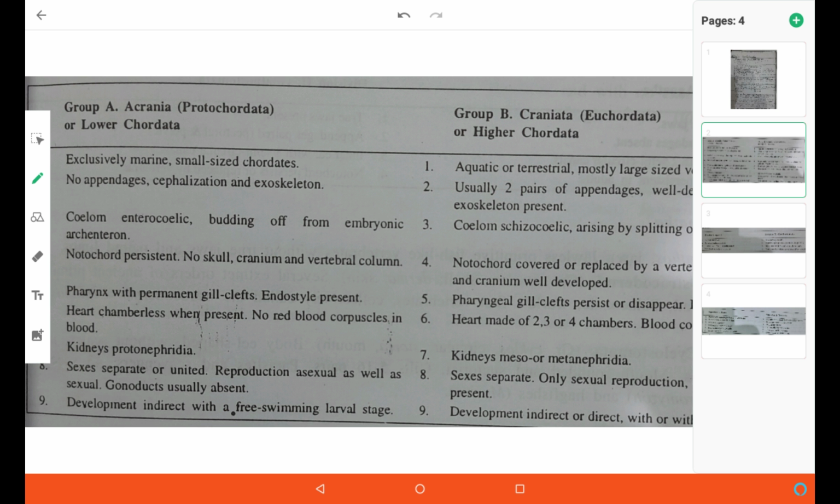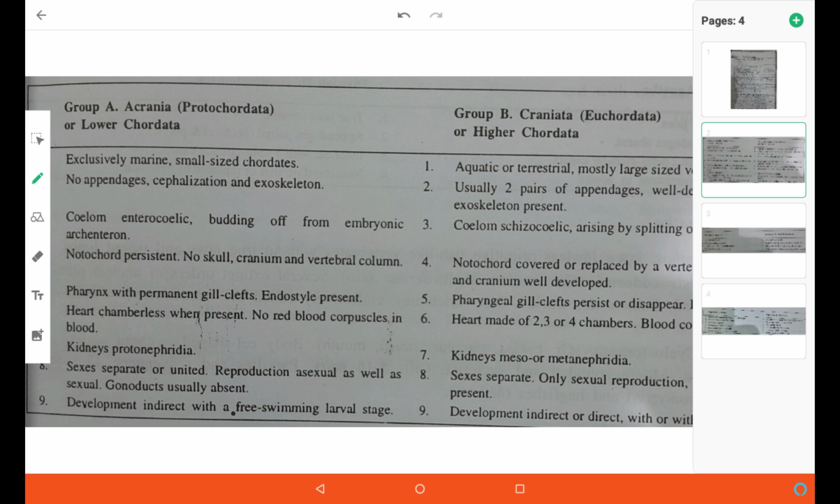Kidneys were always protonephric in protochordates, existing in the form of protonephridia, whereas meso or metanephric kidneys are found in euchordates. Sexes were separate or united in protochordates.